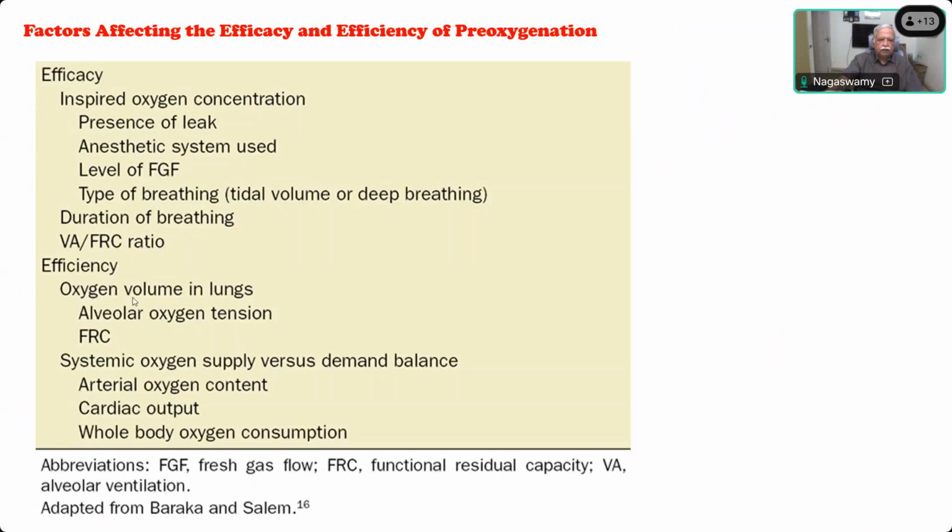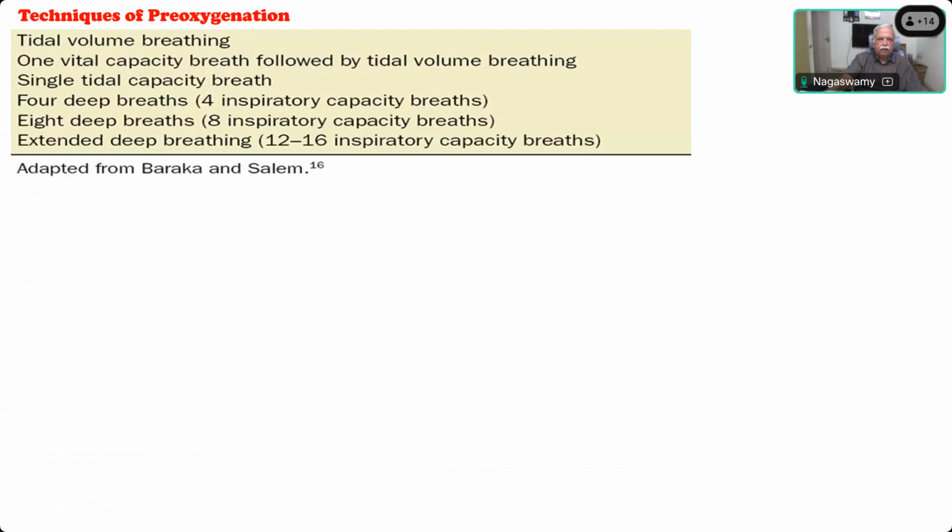And the efficiency: oxygen volume in the lungs, alveolar oxygen tension, FRC, and systemic oxygen supply versus demand balance. That is the arterial oxygen content, cardiac output, and whole body oxygen consumption. All these things determine the efficacy and efficiency. And these are the various methods or techniques of doing pre-oxygenation, which we have been told.